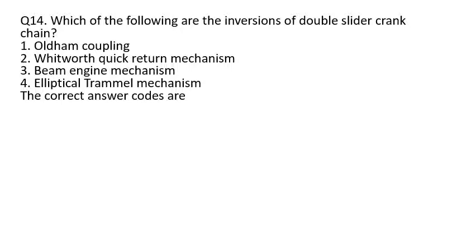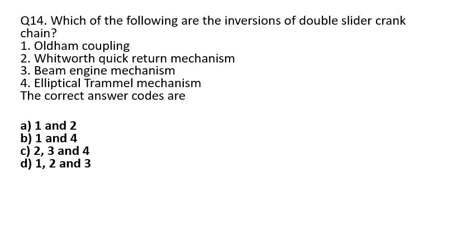Question number 14. Which of the following are the inversions of double slider crank chain? 1. Oldham coupling. 2. Whitworth quick return mechanism. 3. Beam engine mechanism. 4. Elliptical trammel mechanism. The correct answer codes are: A 1 and 2, B 1 and 4, C 2, 3 and 4, D 1, 2 and 3.